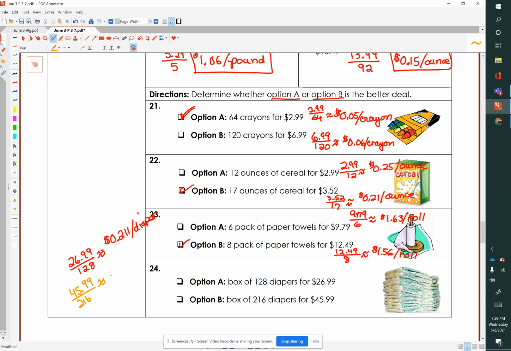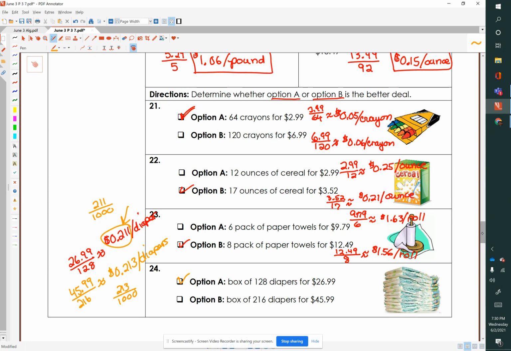That's going to come out to about, this is why we had to use thousands. So the first option came out to 211 thousandths. Now we can think of this, I'm going to write this out, 211 thousandths. We can think of this second one as 213 thousandths. So which is the better bargain? Well, the lower number is the better bargain. So that's option A for the diapers.